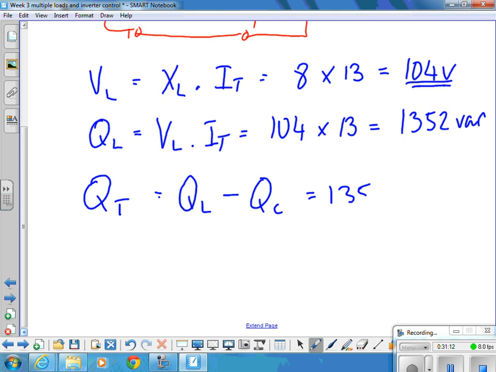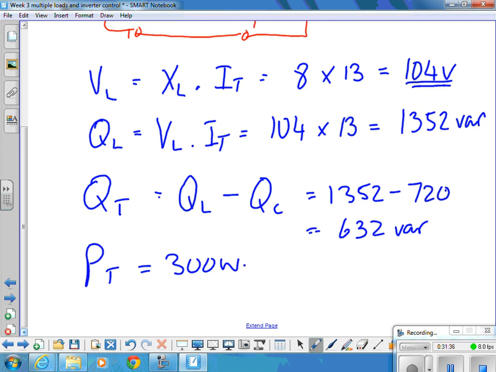It's 1352 minus 720, 632 var. There's only one real power, and P total was 300 watts from earlier. We calculated that. So what can we find now?